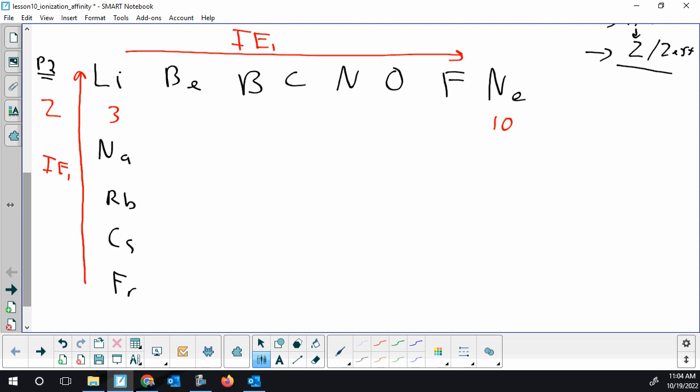Francium being the extreme, particularly the extreme of all our representative elements. Francium isn't stable and it's going to ionize really quickly. You're going to have a problem keeping neutral francium and not have it give up that electron. So that's our first ionization energy.